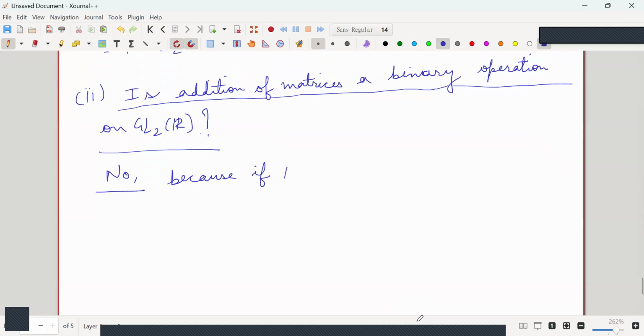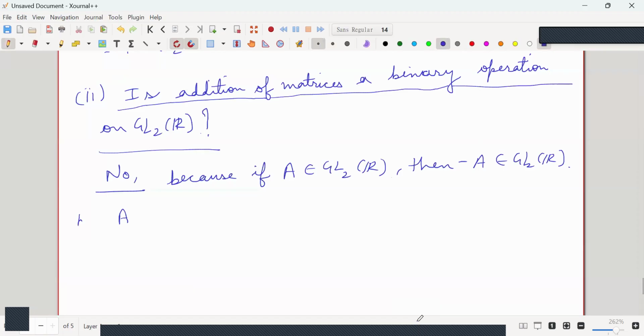if A belongs to GL2R, then minus A also belongs to GL2R, right? Because if A has determinant non-zero, then minus A will also have non-zero determinant.